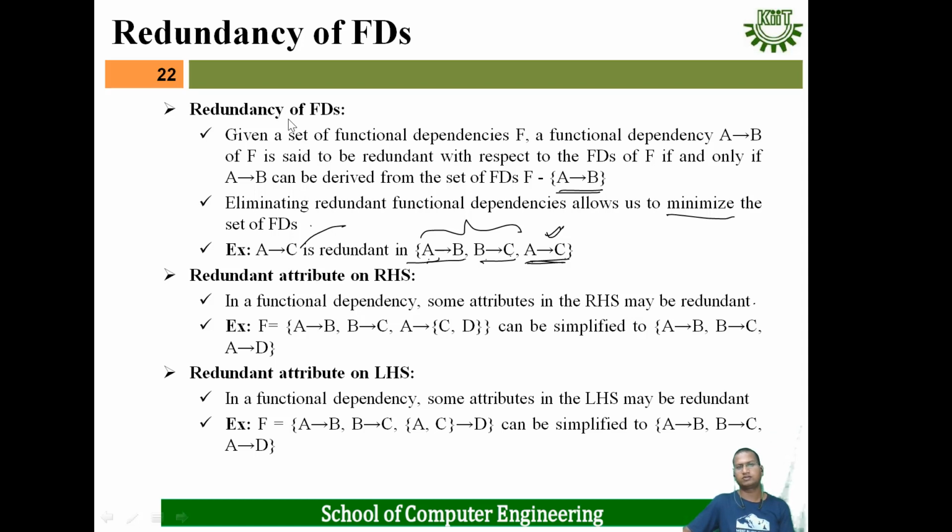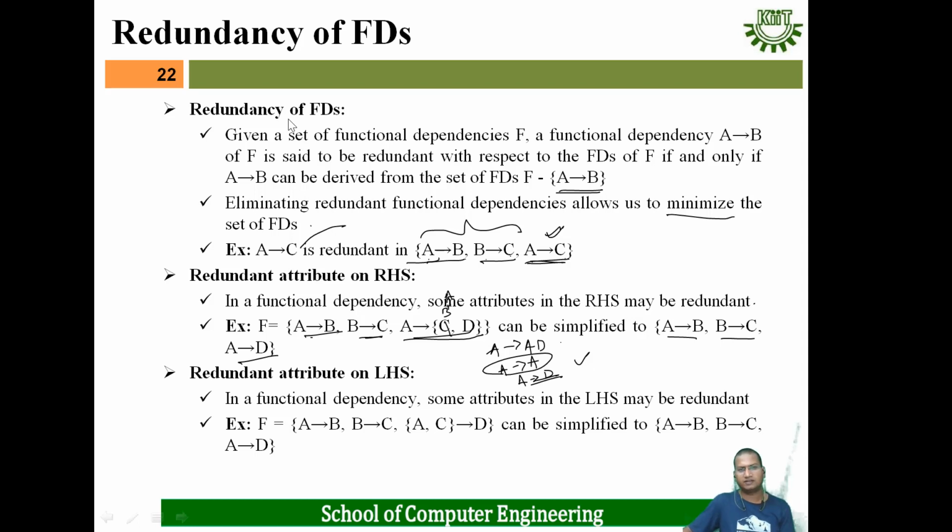For example, suppose a functional dependency set is given: A→B, B→C, then A→CD. This can be simplified to A→B, B→C, and A→D, because C is already derived. From A→AD we can write A→A and A→D, no need to write A→A, so we can write A→D in this case.